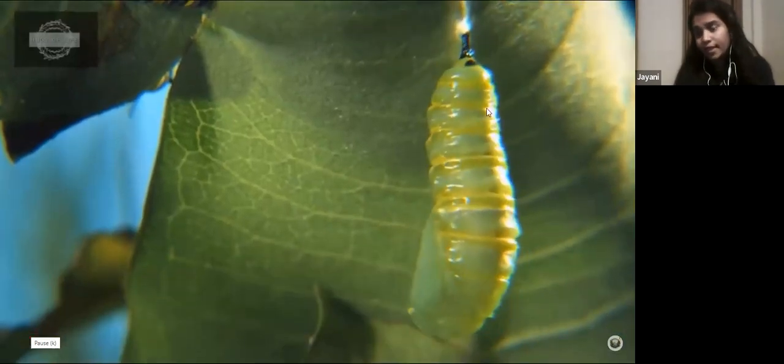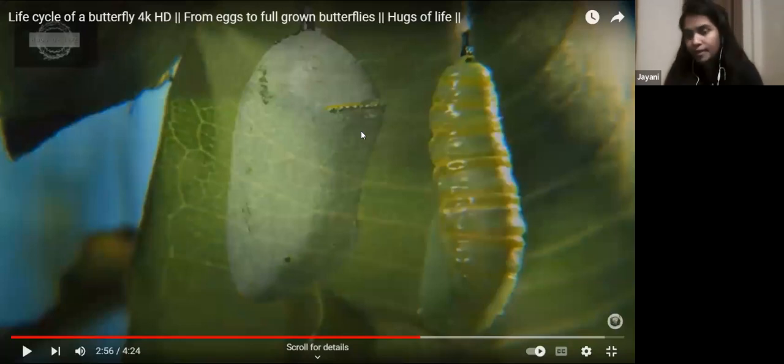So this stage we call the pupa stage, right? Initially we had eggs. After that, the larva, and this is the pupa stage.